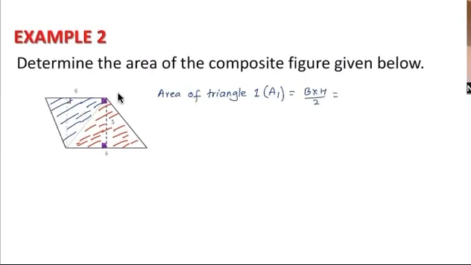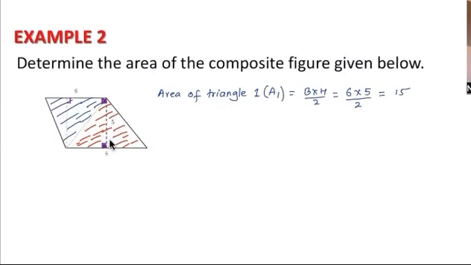The base here is 6, times the height, which we already discussed is 5, divided by 2. 6 divided by 2 is 3, times 5 is 15. So the area of this triangle is 15.